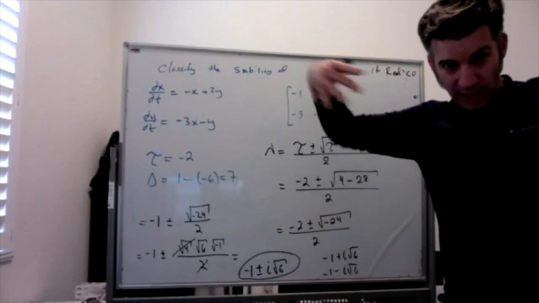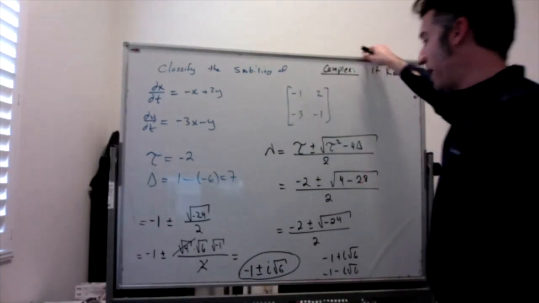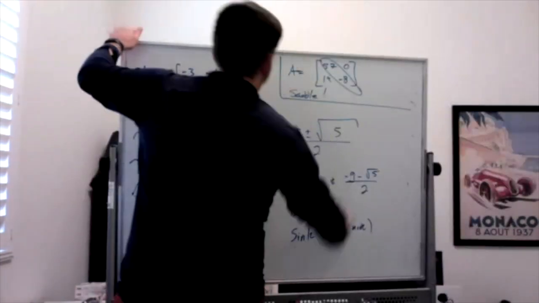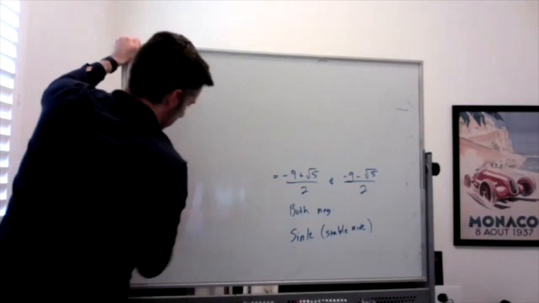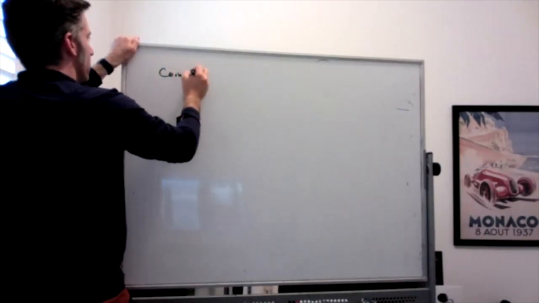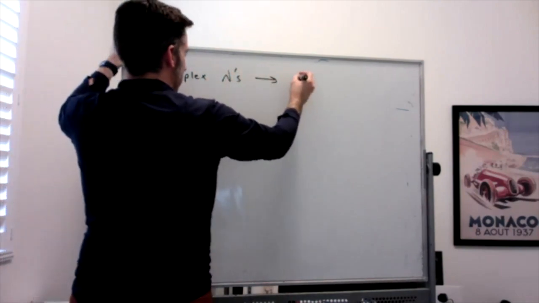Instead of everything pointing inwards, everything's going to be spiraling inwards. So if they're complex, it's automatically a spiral. Complex eigenvalues automatically means spiral.